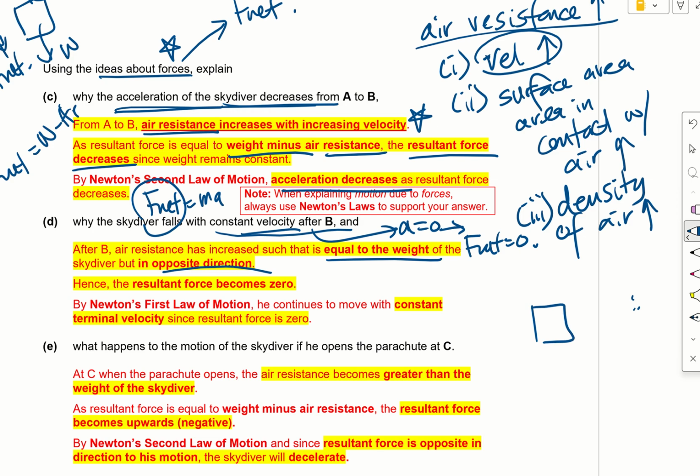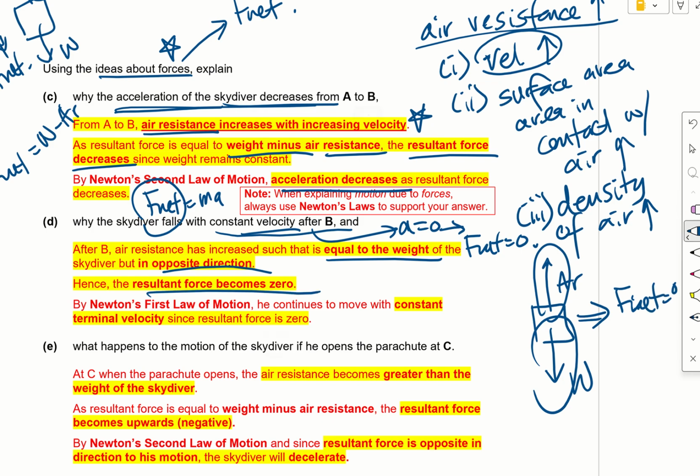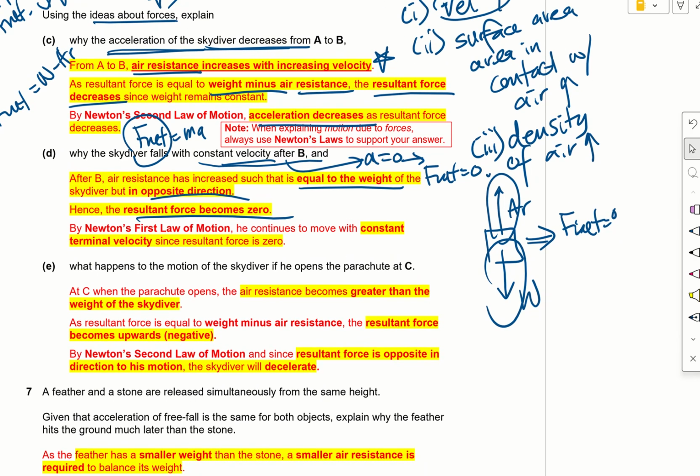So if I were to draw a free body diagram, W, just now I drew my air resistance arrow very small, but now the air resistance keeps on increasing because the velocity keeps on increasing. So it increases until it is equal to weight, and that will lead to your F net becoming 0. Your resultant force becomes 0. If it becomes 0, then there will be two cases.